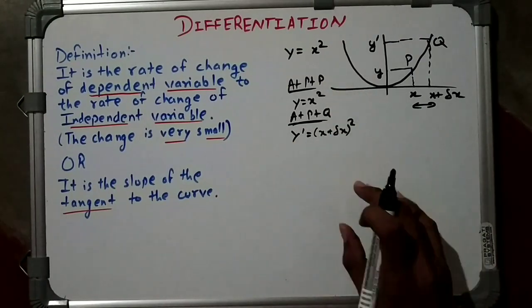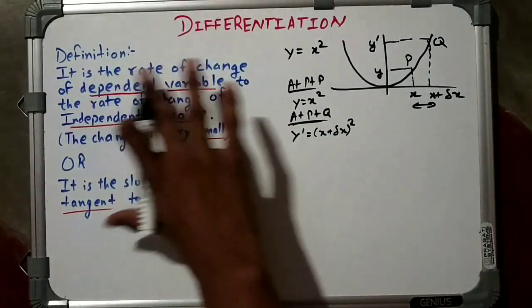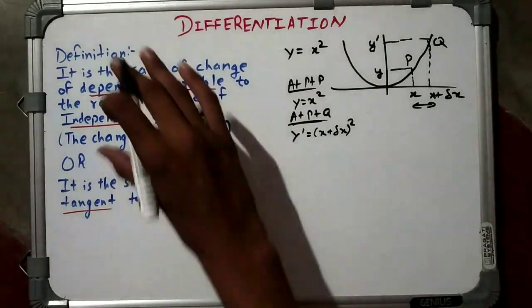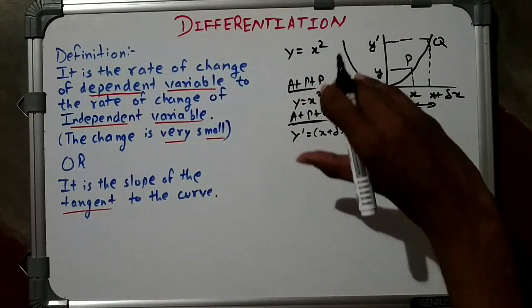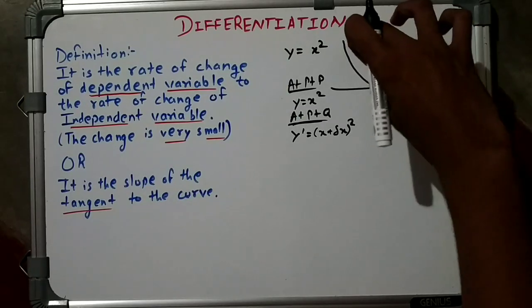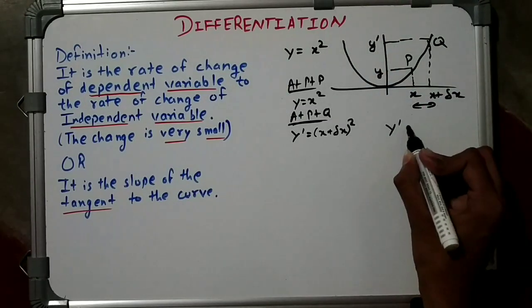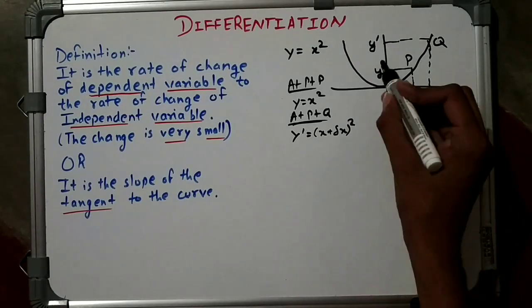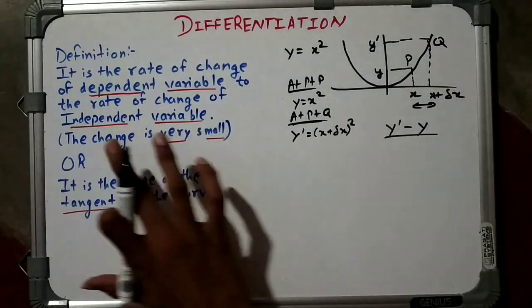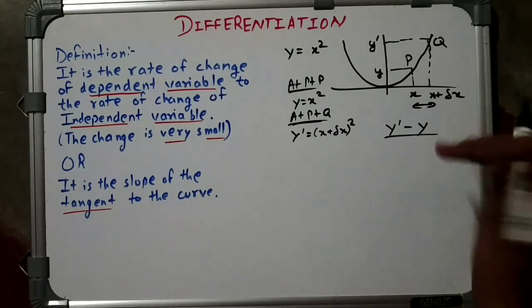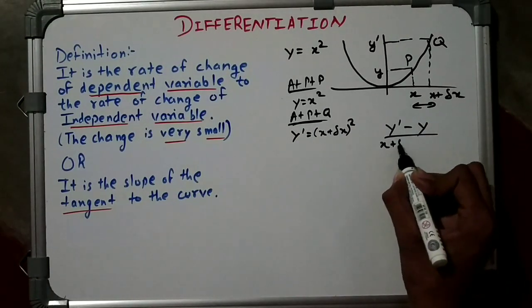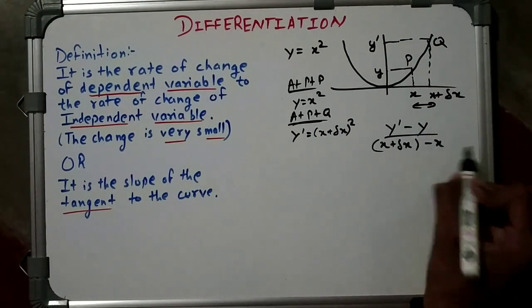You agree with me here? So now we have to find the rate of change. So what is the rate of change? Final minus initial value, right? That is final y dash minus initial y. So that will be y dash minus y upon the change of the independent variable, which is x here. So that will be x plus del x minus x, right?